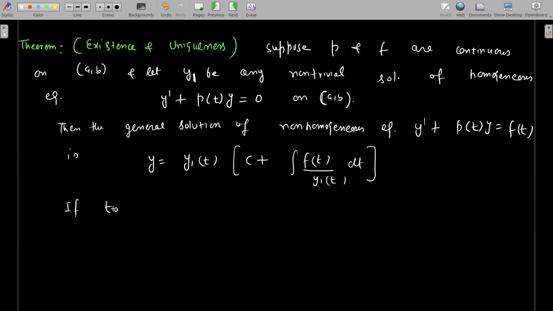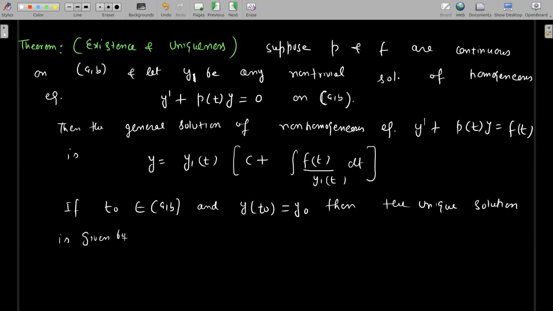and if t0 is any point in (a, b) and y(t0) equals to y0, then the unique solution is given by y equal to y1 times y0 divided by y1 at t0 plus the integral from t0 to t.